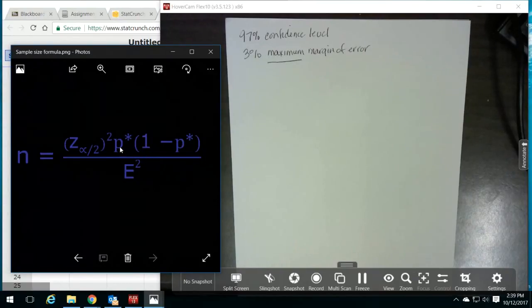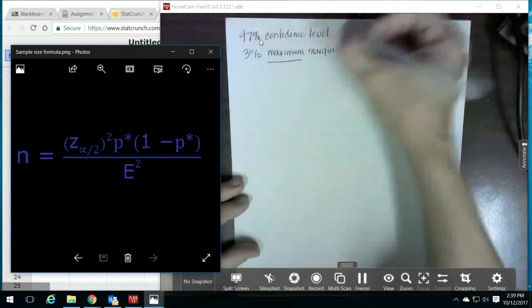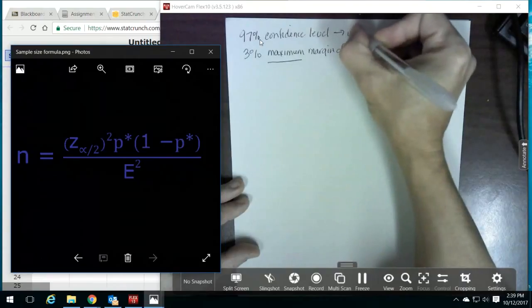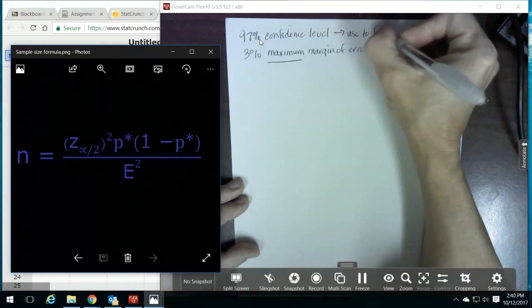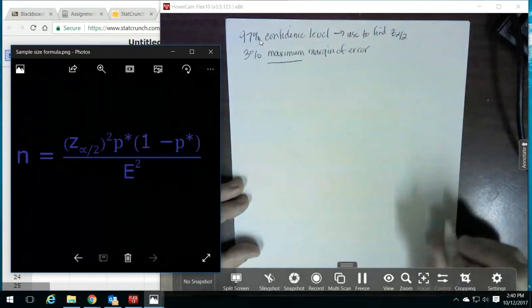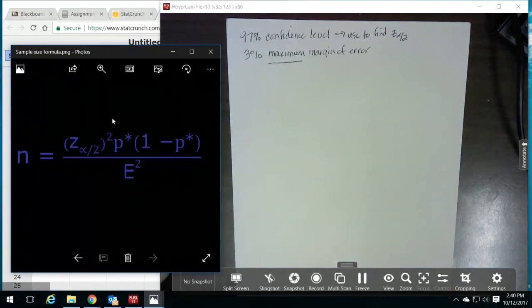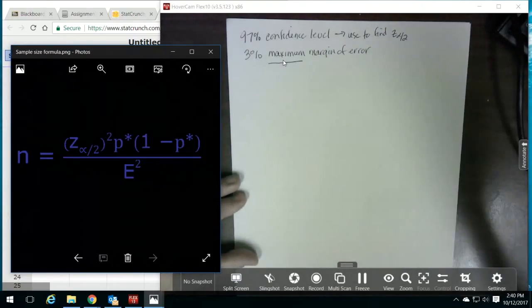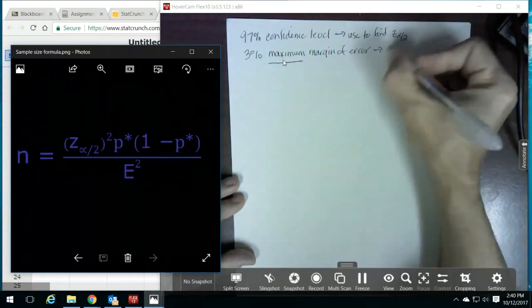And there are a couple of other values that I have to put in here. So for the 97% confidence level, I'm going to use that to find my critical value, so my z of alpha over 2, which goes into the formula right here. The maximum margin of error, that's going to be the E in the formula.